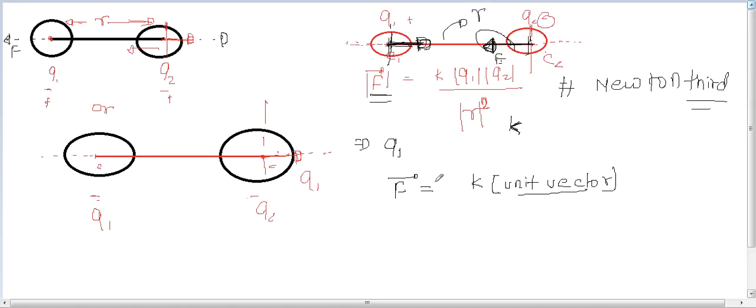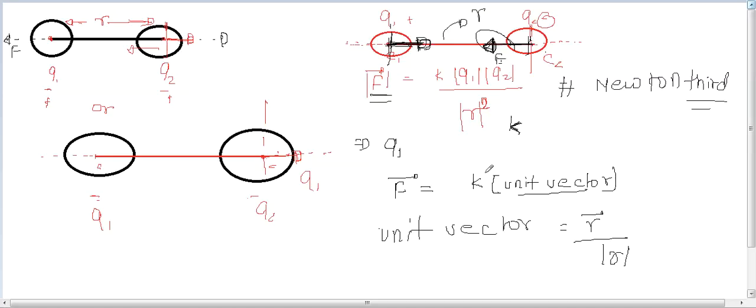If I can represent this line with a vector r, then the direction of the unit vector is also along this line. So I can represent the unit vector along this line as vector r divided by mod r. This will be the unit vector, and I should just multiply it.